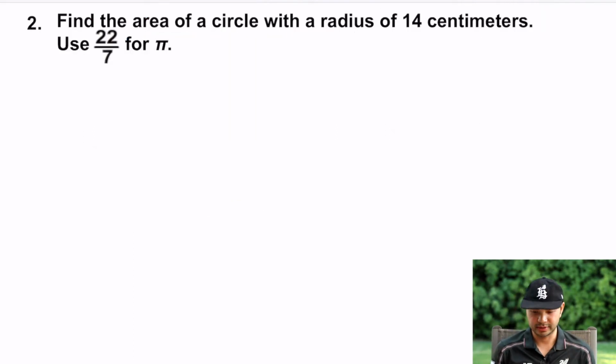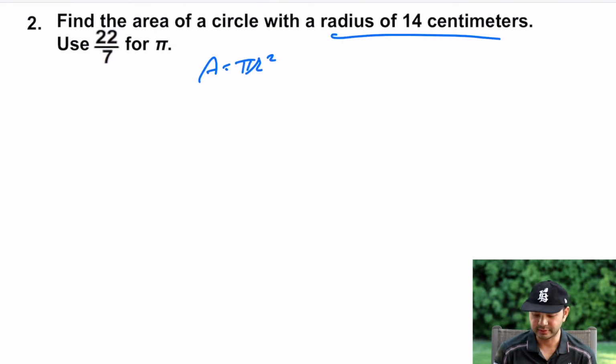Okay, there are some questions where it actually tells you to use 22/7 for pi, which is also an approximation for pi, just like 3.14. So, same thing, area equals pi r squared. It already gives us the radius of 14 centimeters, and I'm going to use 22/7 for pi. So, let's go with pi as 22/7, and the radius is 14 squared.